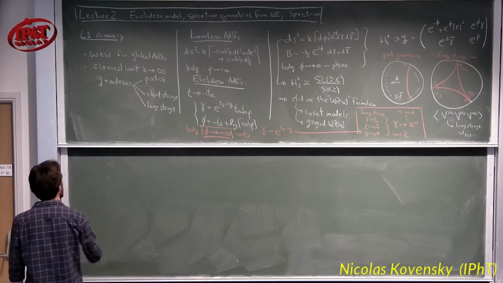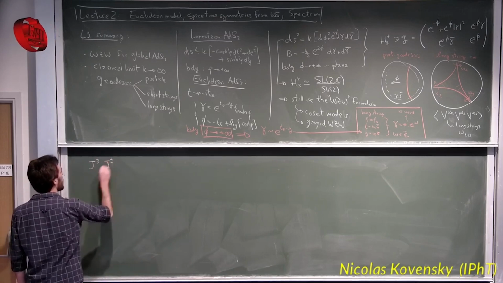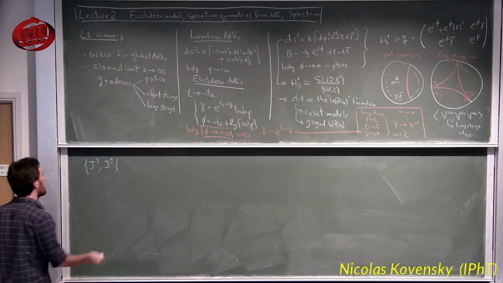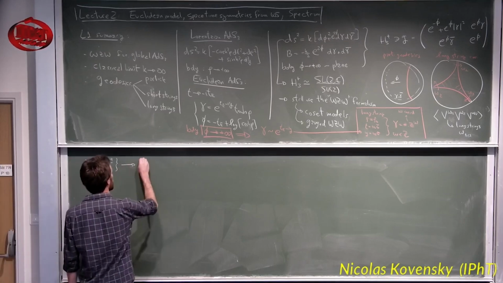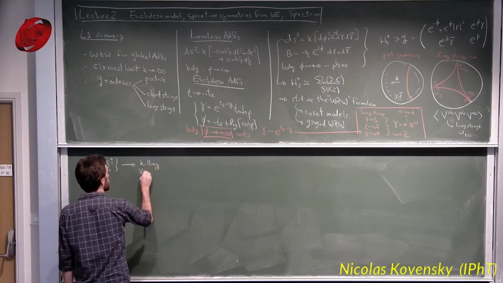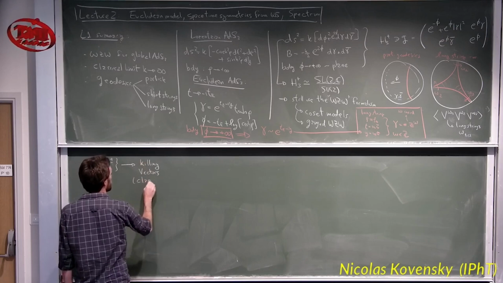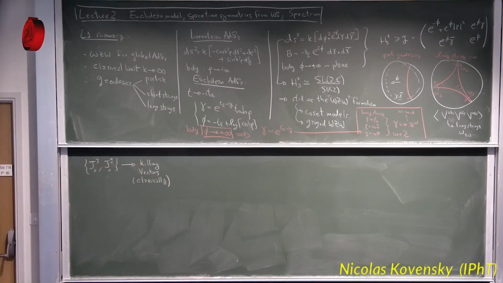Okay, so you remember that in this model we had three currents. I was calling them J plus, J minus, and J3. At the classical level, I just care about the zero modes, and these are associated with three Killing vectors of the geometry.